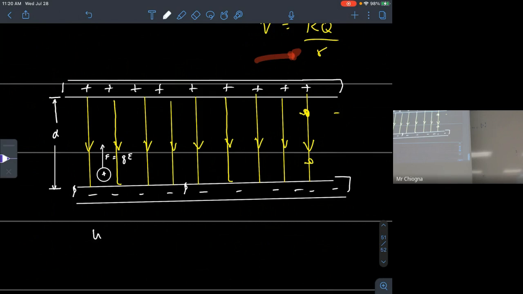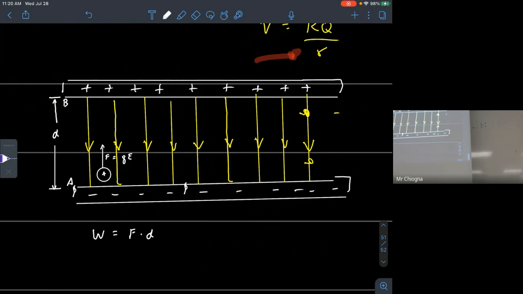What's the work done? Well, if it's a constant force, the work done is just force times the distance. So we want to calculate the work to move it from, we'll call this point A, the bottom where the plates are, to point B, the top of the plates. What's the work in order to go from A to B?